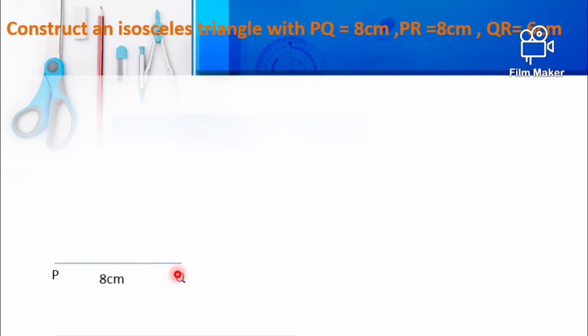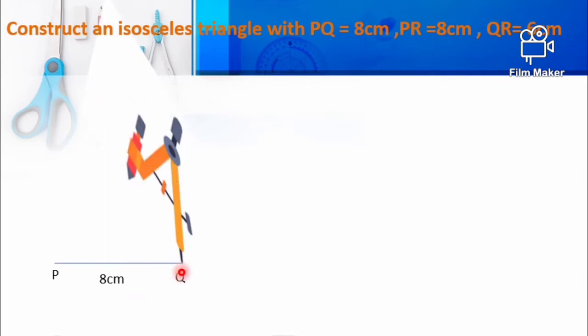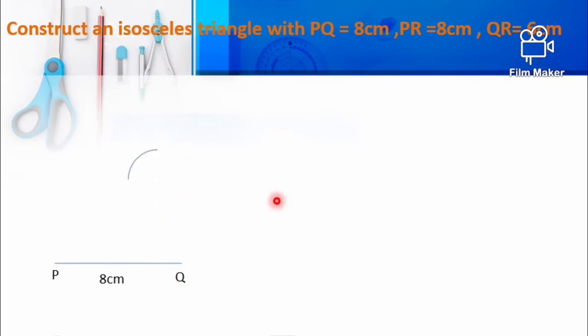Now again we will use the compass, then with Q as a center, draw an arc of 6 centimeter because we have to draw QR. So with Q as a center, we will open the compass at 6 centimeter, then draw an arc of 6 centimeter.